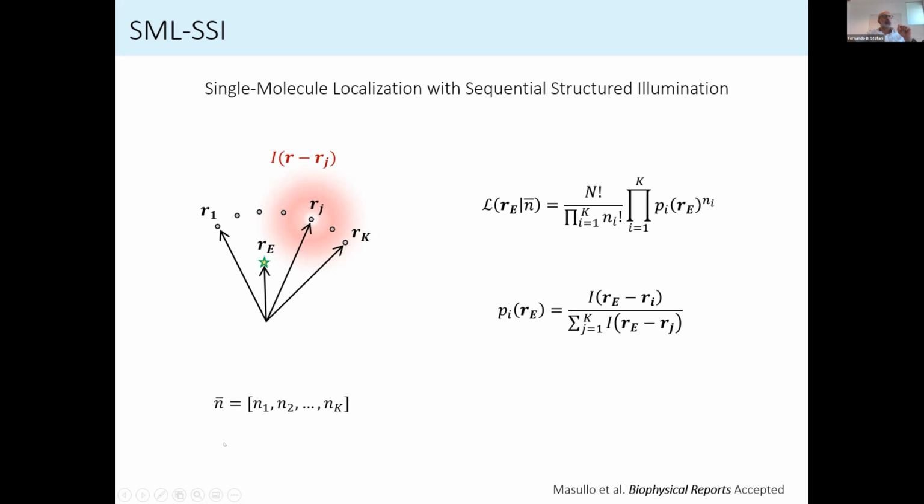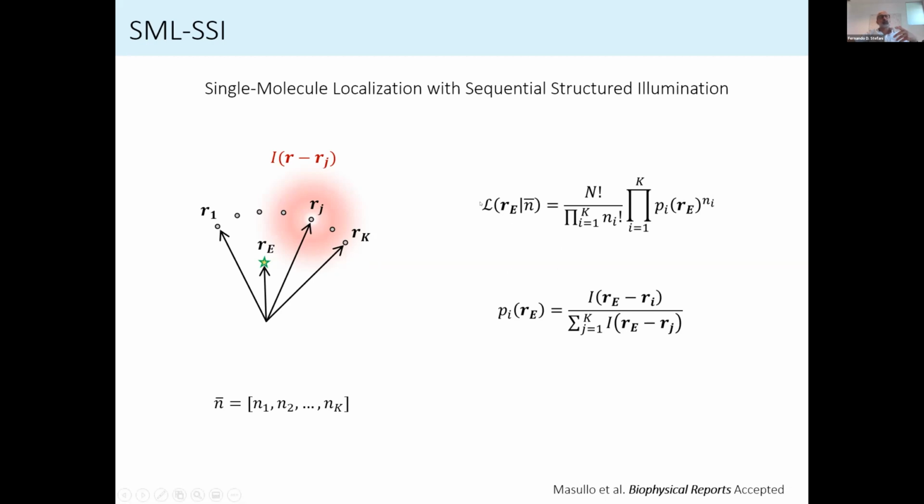And by doing that, we will record a different number of fluorescence photons. So if we have K exposures to the excitation field, we will record K numbers of photons, N1, N2, N3, up to Nk, one for each exposure. And from this set of detected photon numbers, we can calculate the most probable position for that molecule.